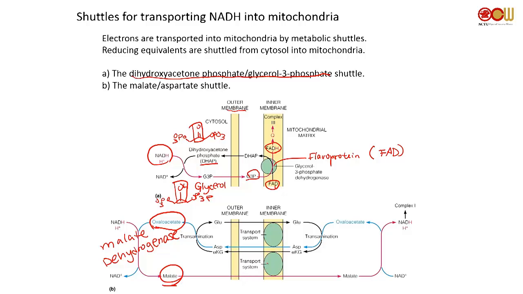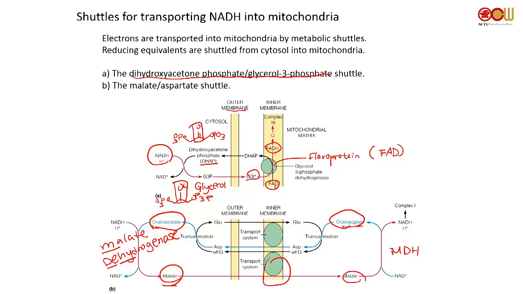Then malate has a transporter, goes in, and becomes oxaloacetate again. This is again malate dehydrogenase, or MDH for short. Now, this is something I didn't ask you to remember at this moment.